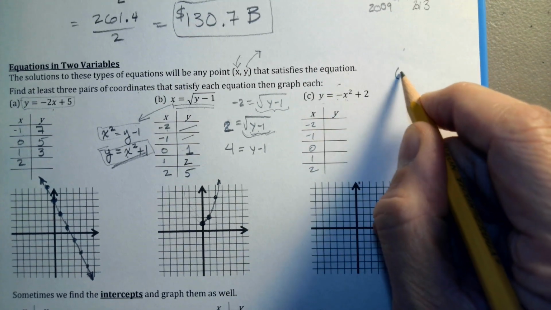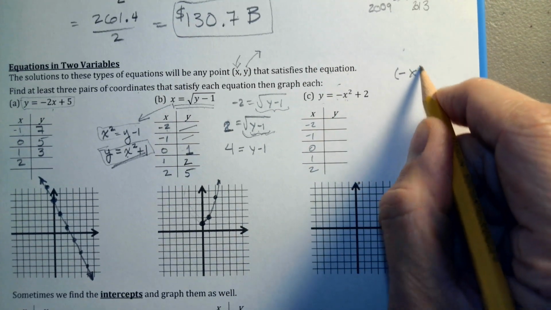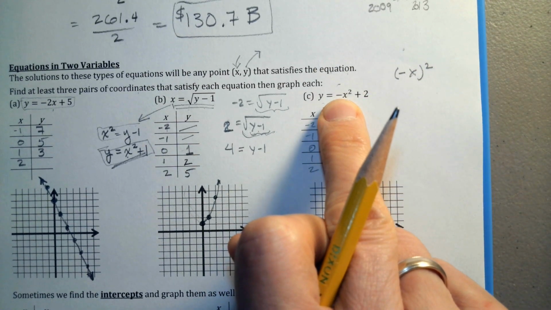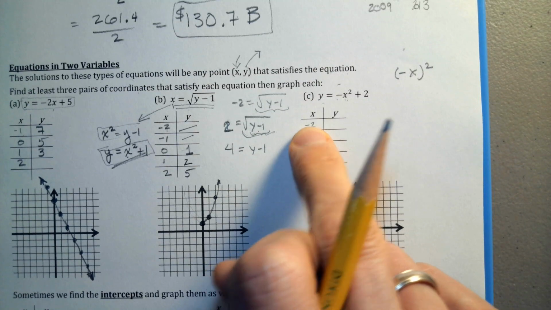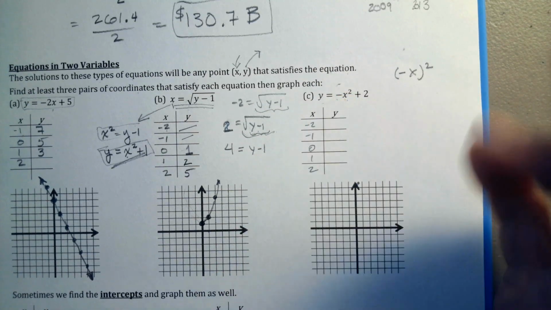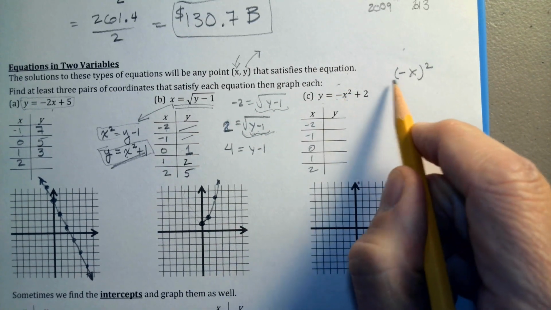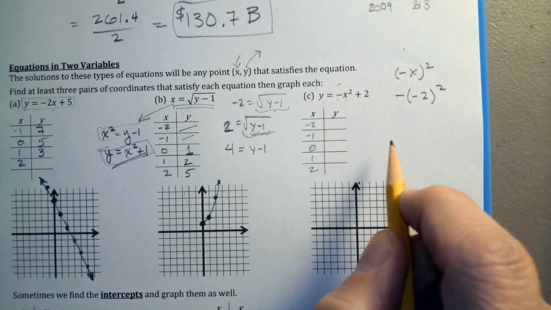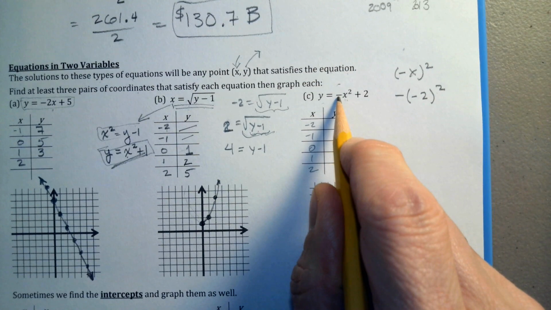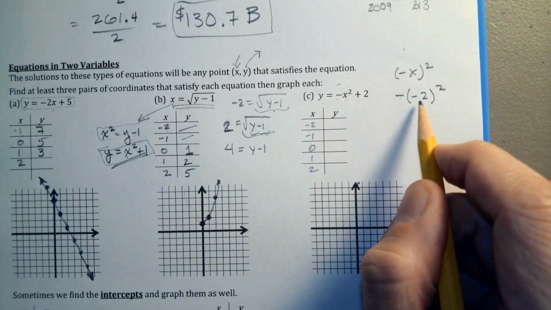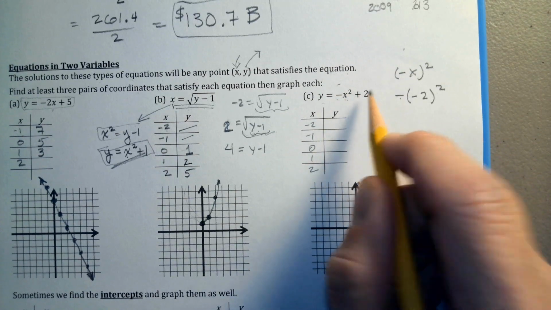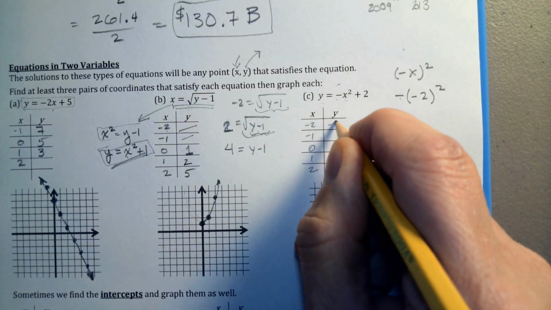Remember that this is not negative of x squared, right? This negative is not going away in the squaring. So this -2 does not counteract with that negative and make a positive. All right, so we have the negative of -2 squared, right? This negative is outside the parentheses, it's here. So this will give us a 4, but it'll be -4. So -4 plus 2, that's -2.